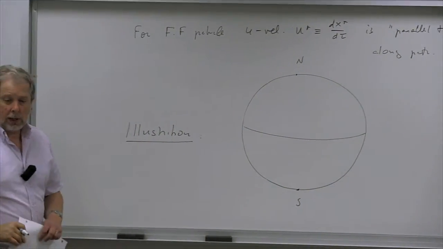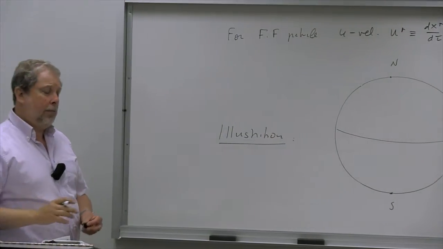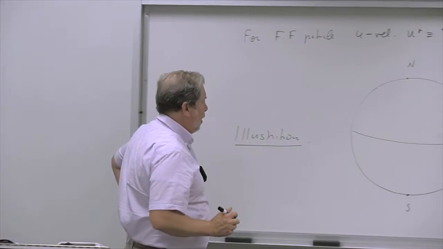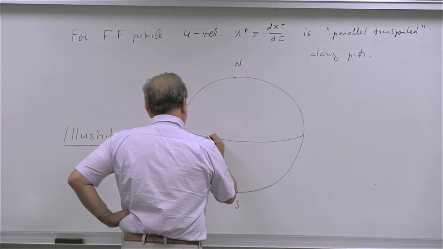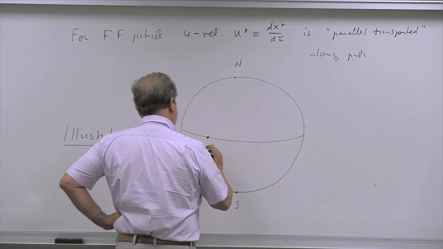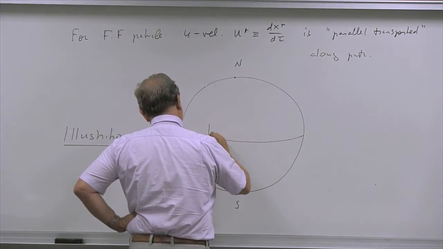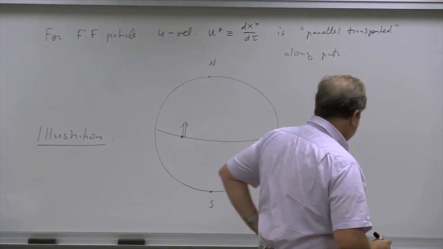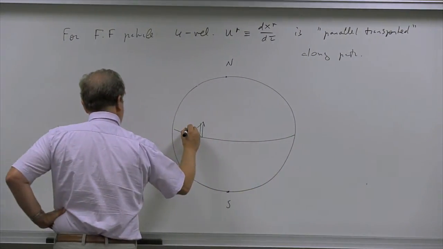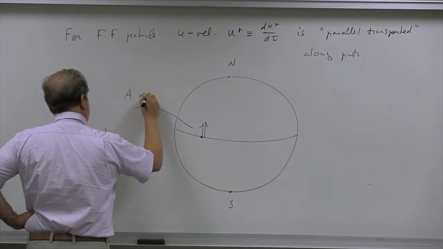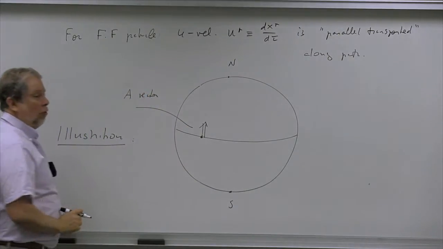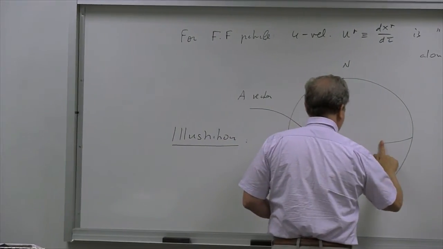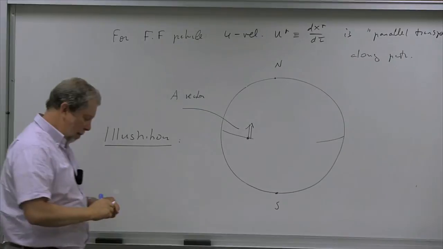And so let's visualize what this equation of parallel transport means. What does it mean to have this covariant derivative along a path to be 0? So let's start here at a point, and let me take that vector that we denote by A there, right? So that's my A vector. Let me take it to a point in some direction, right? And so let me now parallel transport that vector along a path.